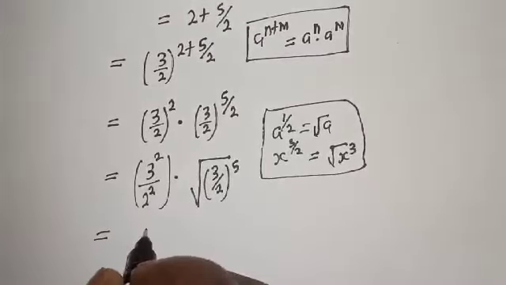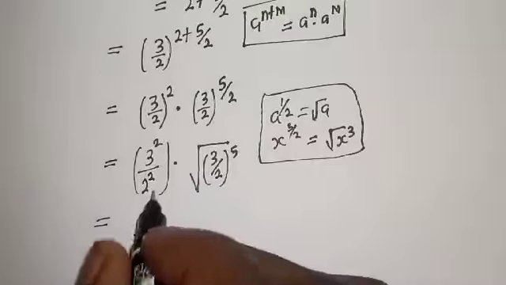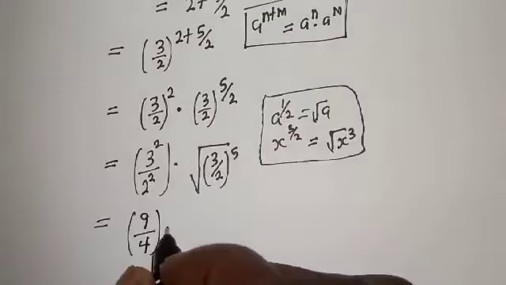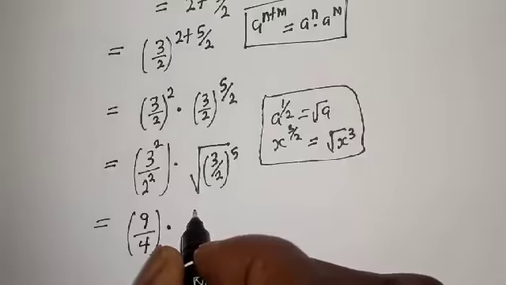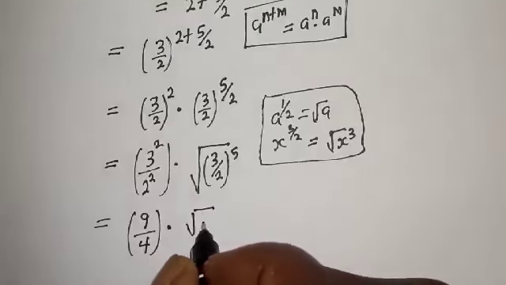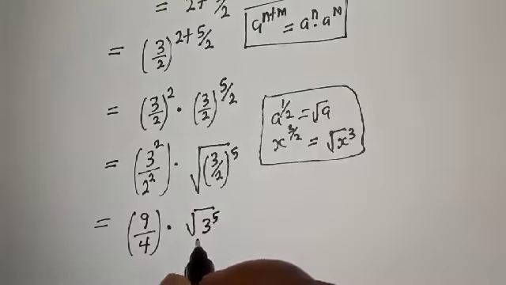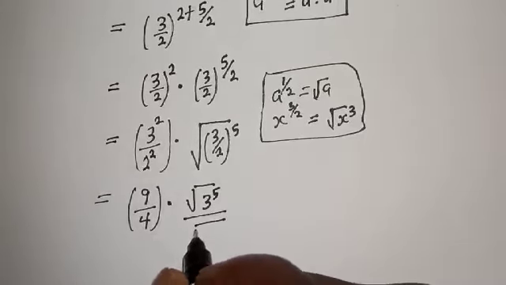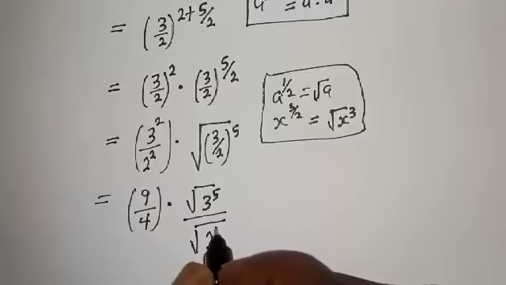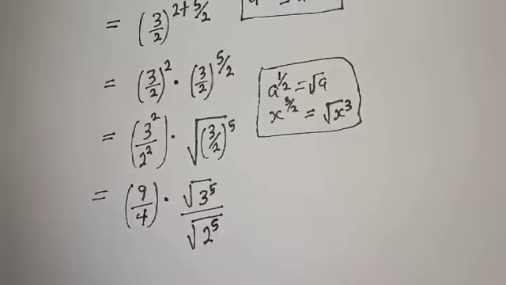Equal to 3 squared, 9, over 2 squared, 4, multiplied by this, which can be written as the square root of 3 raised to power 5 divided by the square root of 2 raised to power 5.